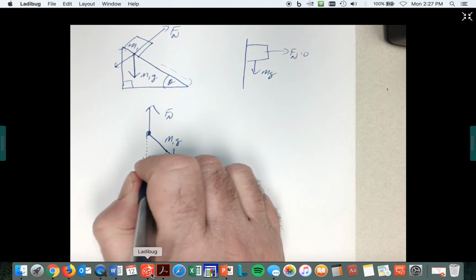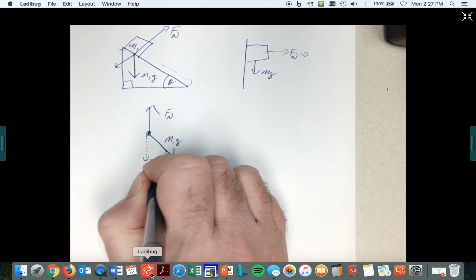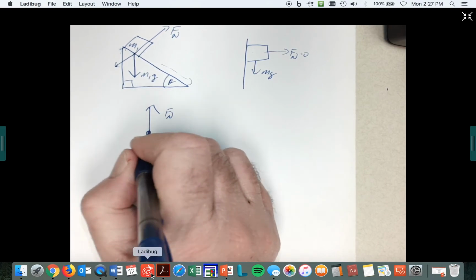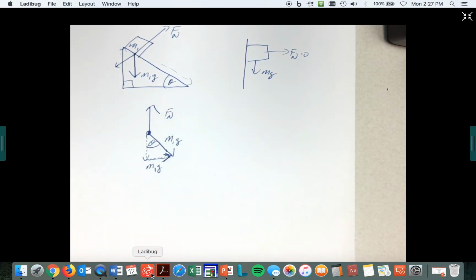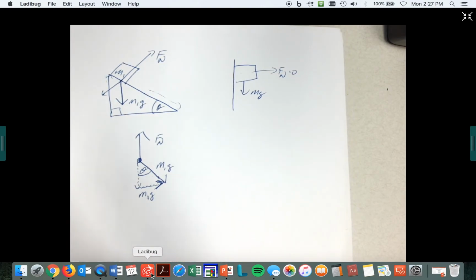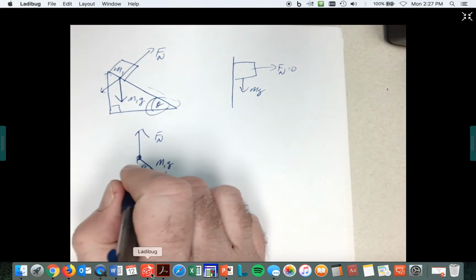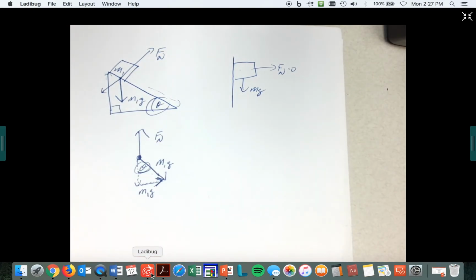So this is m1g. Now notice the x component, here's the angle theta. Due to some basic geometry, this angle is equal to this angle. We could go through the geometric proof of it, but we don't need to.